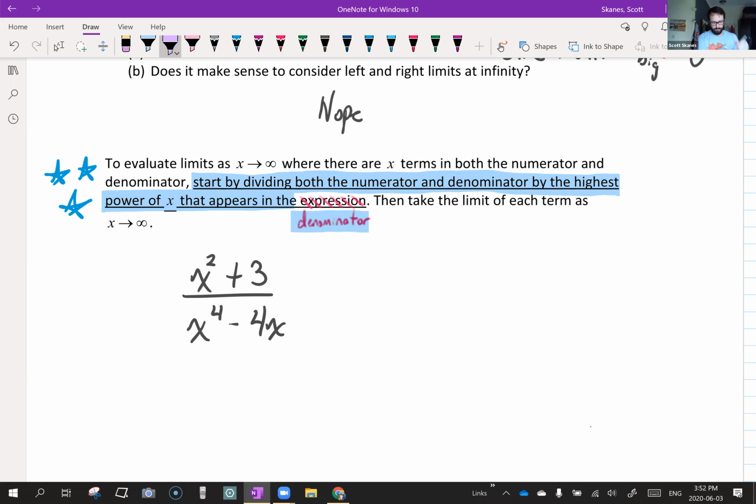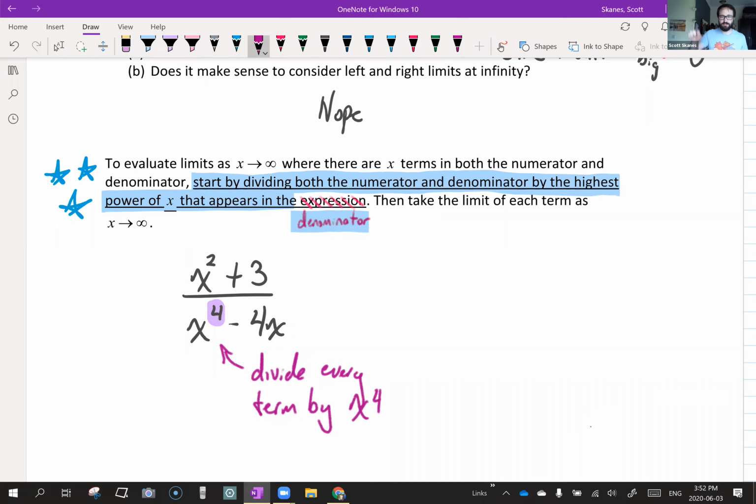If you look at the bottom, there's a 4. The highest power of x is 4. So we divide everything, every single term, by x to the power of 4.